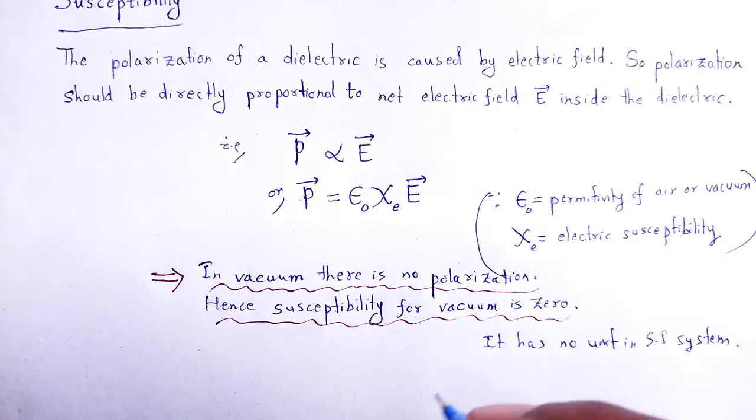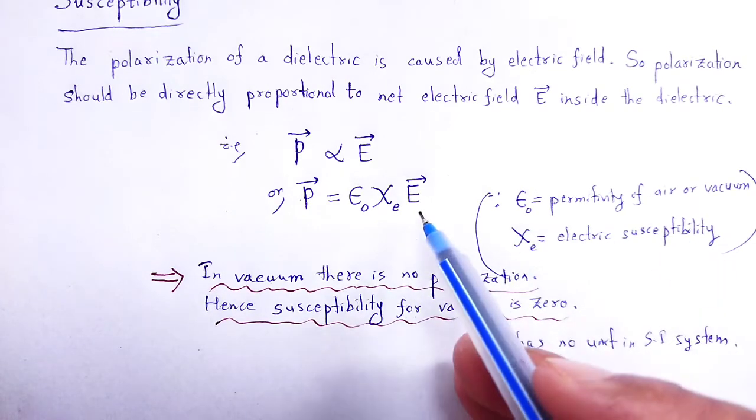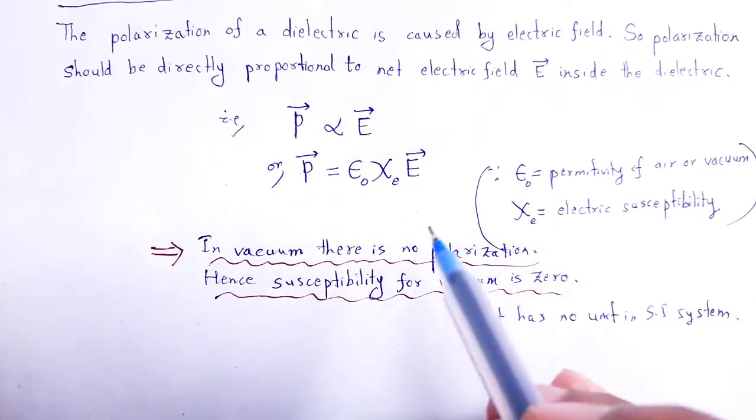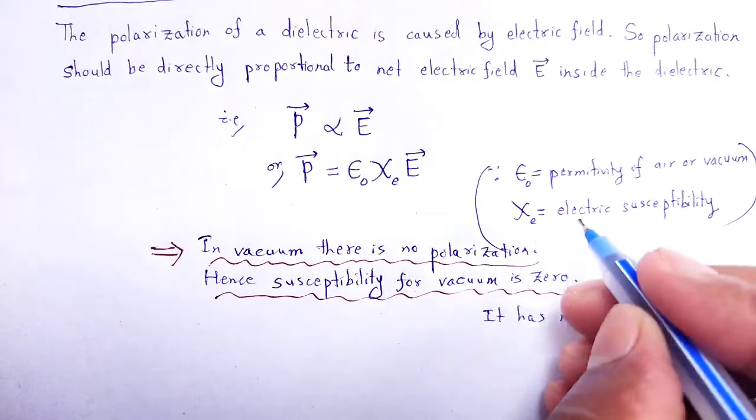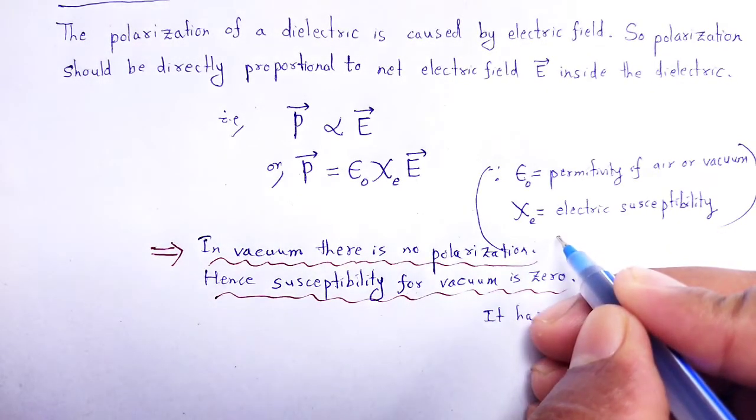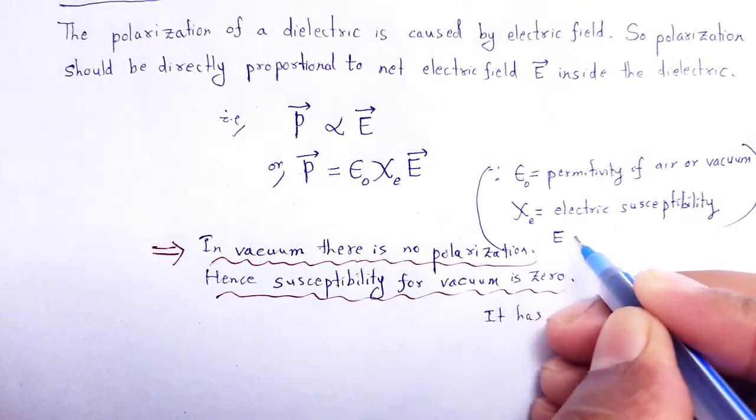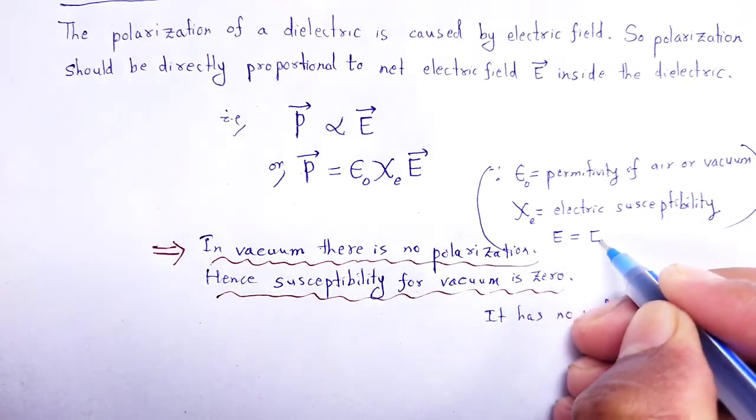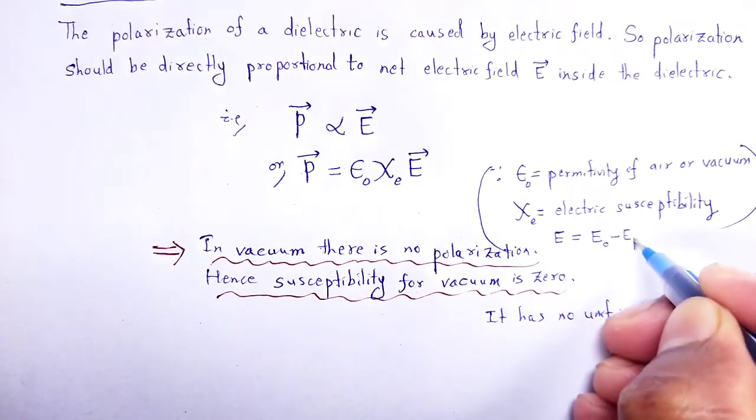Now, the net electric field. We say here the net electric field E is equal to E naught minus EP.